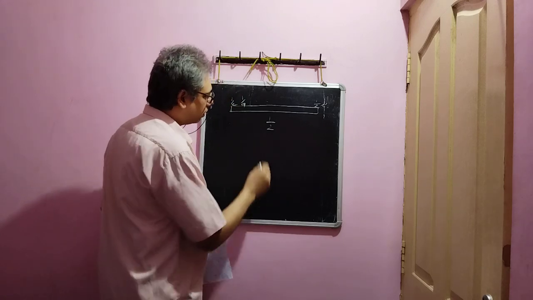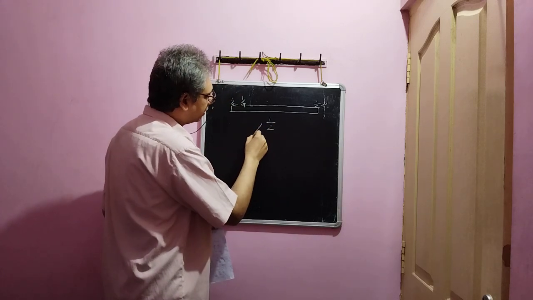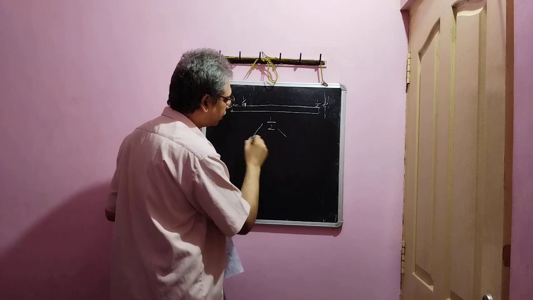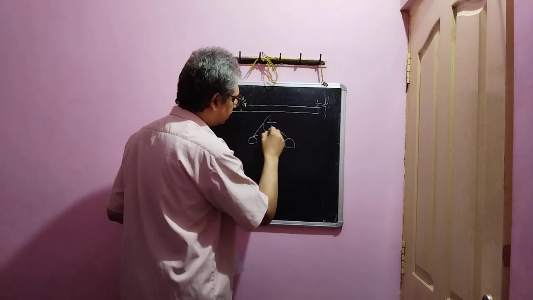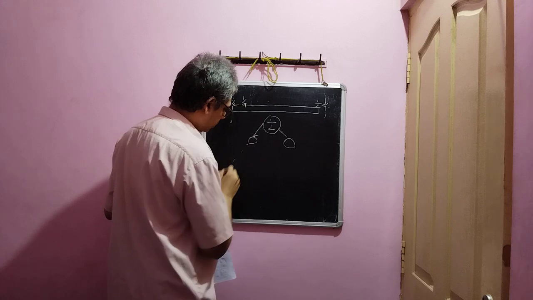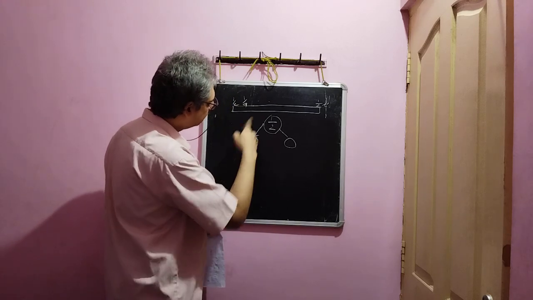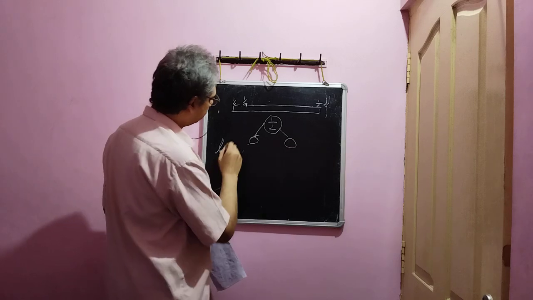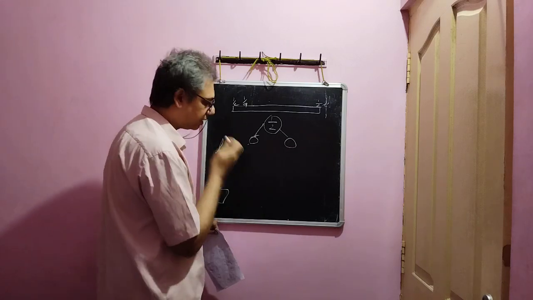I have a tree of height h, where I am taking the height to be this l, which is significantly less than l dash.